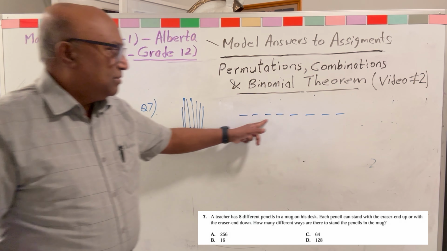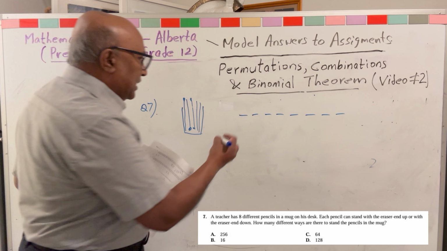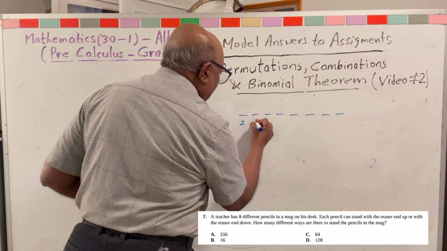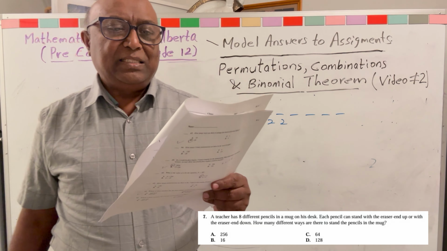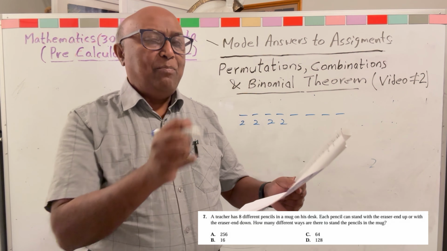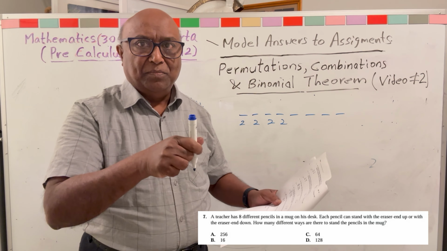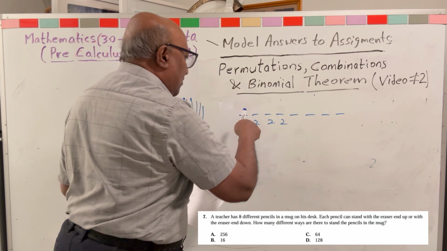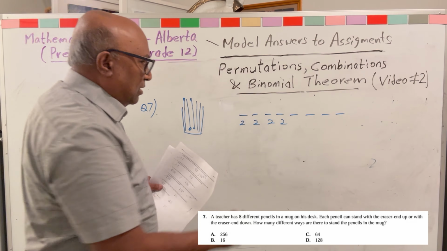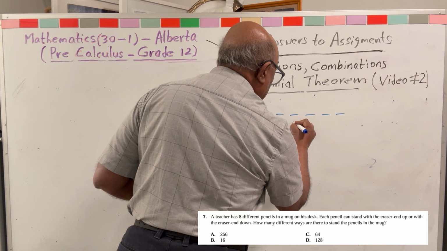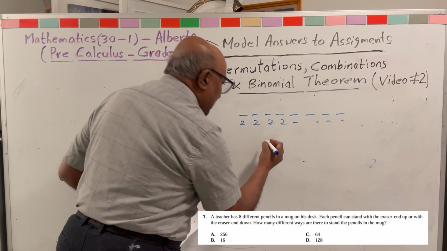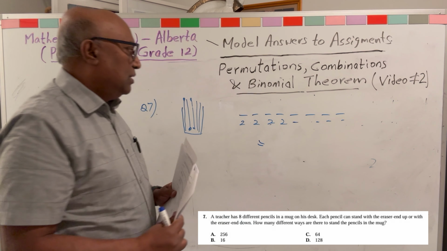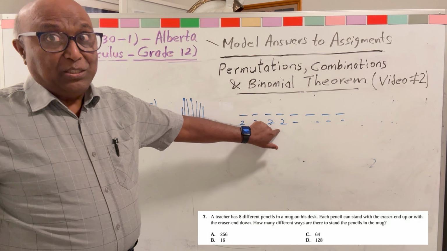These are the 8 pencils. One pencil can stand in 2 ways, with the eraser end up or eraser end down. How many ways are there? 1, 2, 3, 4, 5, 6, 7, 8. In order to get the answer, we apply the fundamental counting principle.